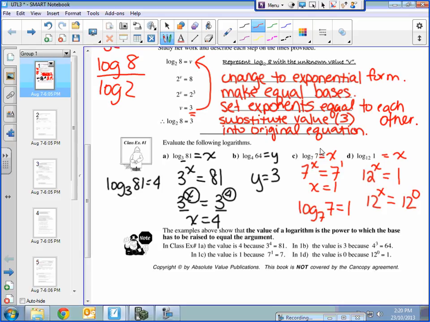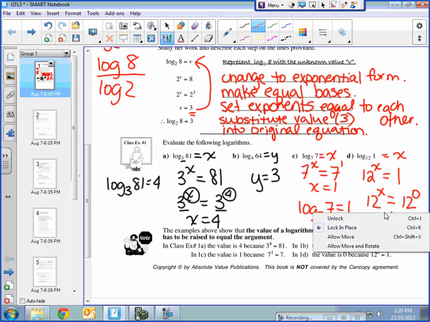So x equals 0. So then your answer is log of 1 base 12 equals 0. Any questions? Okay, there's a lot to get through, so we're going to try to zoom through it.